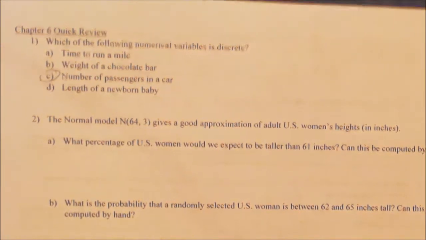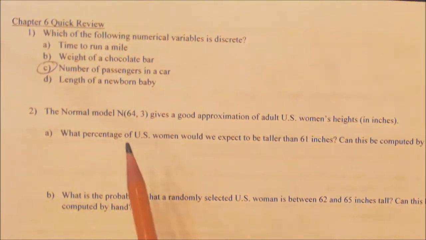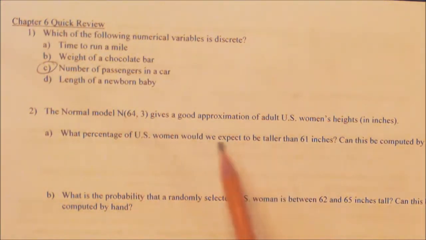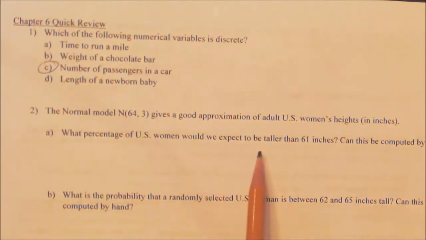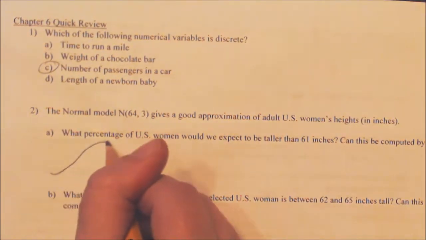Okay, question number 2, it says we have a normal distribution, and make sure you know what this information means. 64 is the mean, 3 is the standard deviation. So this gives a good approximation of U.S. adult women's heights in inches. The question says, what percentage of U.S. women would we expect to be taller than 61 inches? Can we compute this by hand? First thing we're going to do is draw a picture.